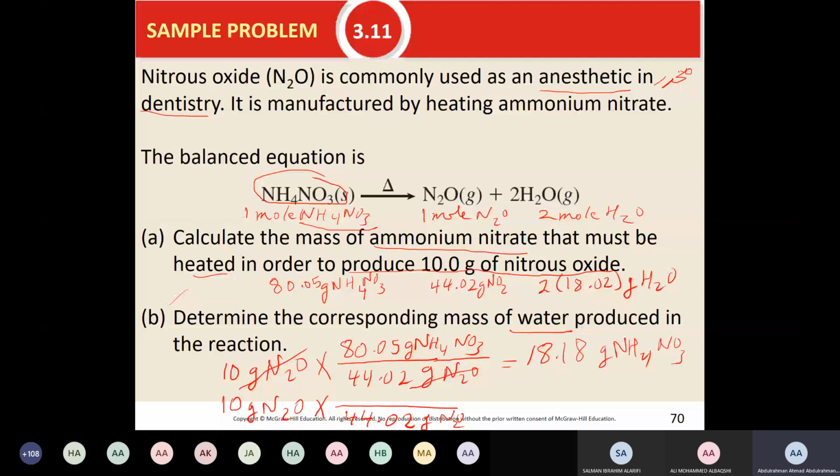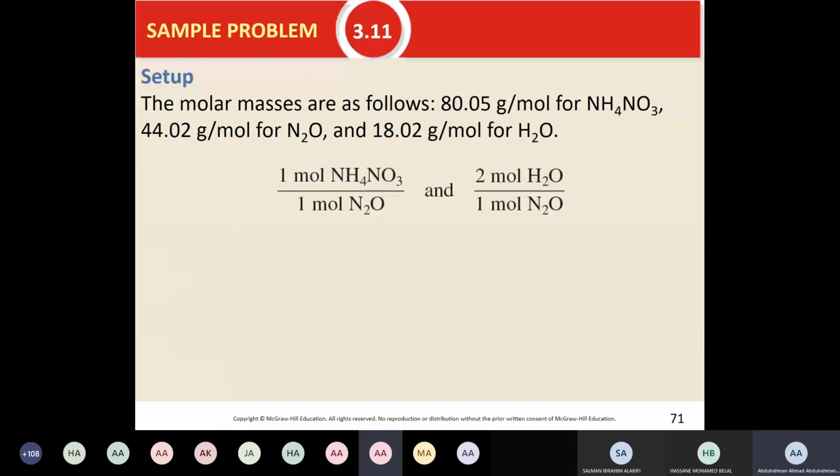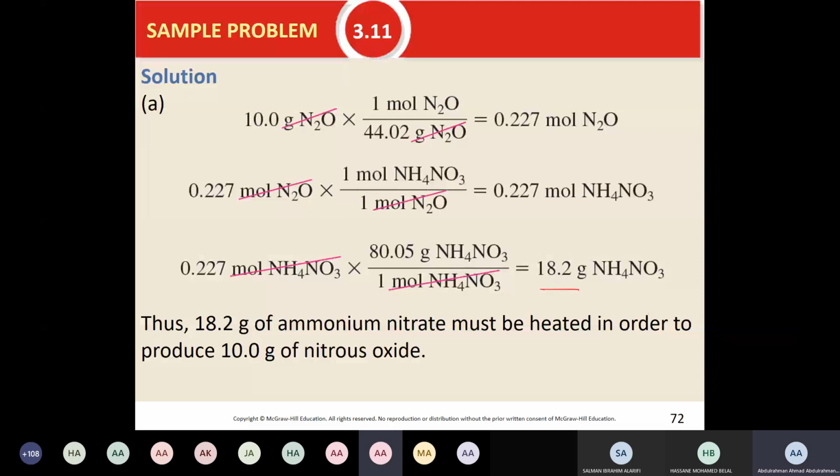Gram N2O will go with gram N2O and you have the answer. What's the answer? 8.18. I don't know if this is correct. But see, whenever you see a chemical reaction, you should think this is always the approach. And the answer is 18.18. Yes, absolutely right.